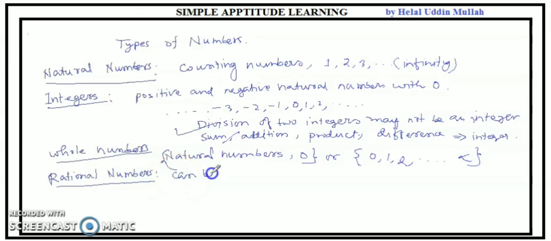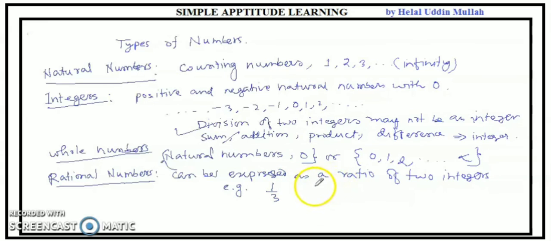For example, 1/3 is a rational number, and 12/9. These are examples of rational numbers.